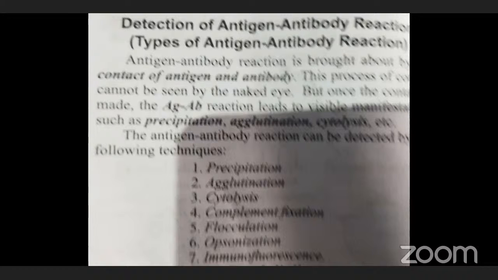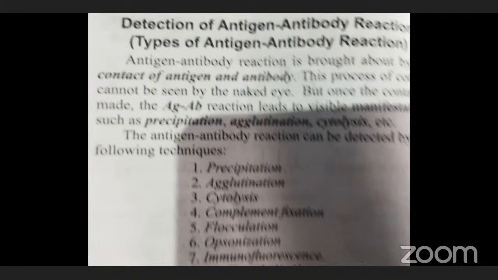So the antigens should undergo reactions with the antibodies. The interaction between the antigen and antibody is called the antigen antibody interaction, also known as the antigen antibody reaction, abbreviated as AG-AB reaction.